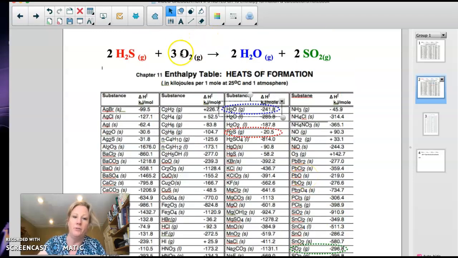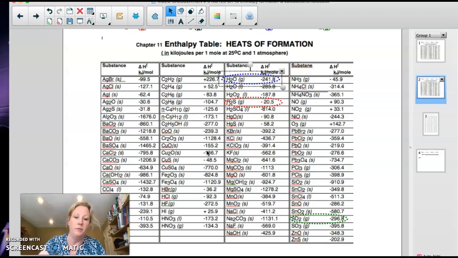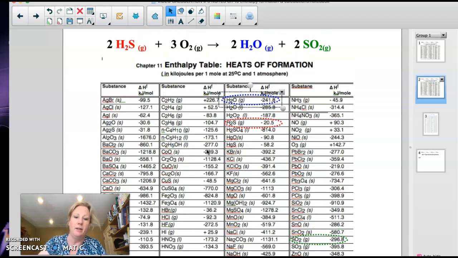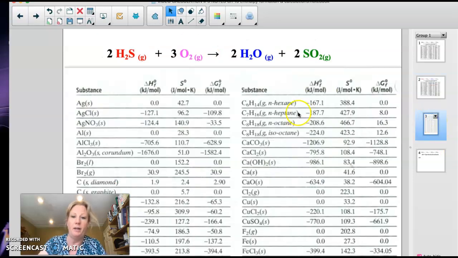I didn't look up the oxygen because you will not find it on page 1 of your packet. If you remember, the reason why is because the enthalpy of formation of a pure element or diatomic molecule like this is 0. But if you were to forget, you could go to the very last page of your packet.